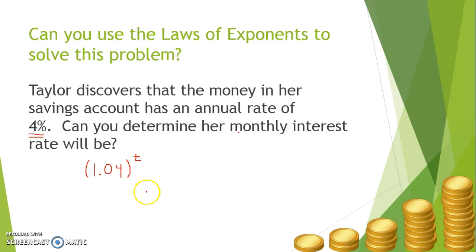So that would be her rate of change, 1.04 raised to the t power. That's her yearly rate. Again, increasing by 4% each year. 1 plus 4%, or 1.04.